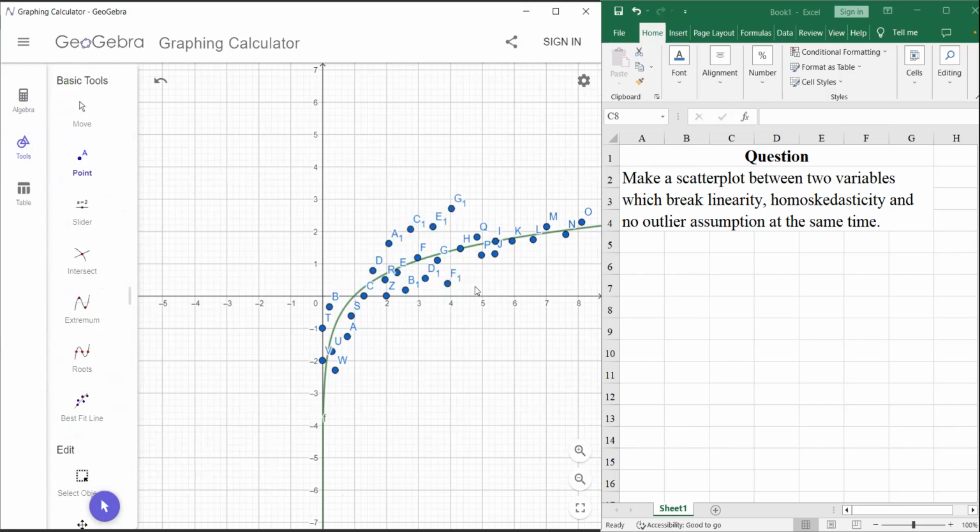And then as the value of x goes really large, the variance increases definitely more. So let's say something like this.